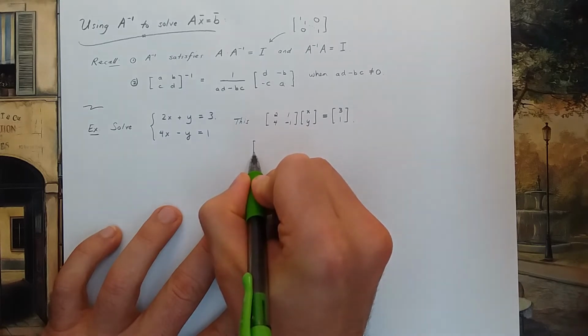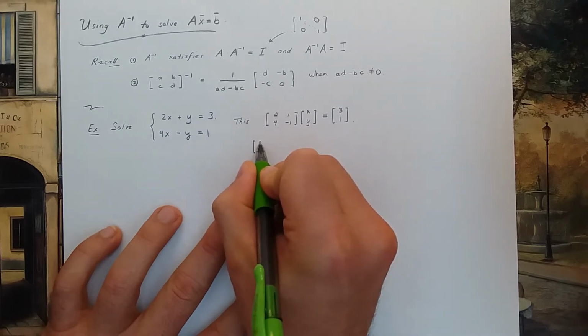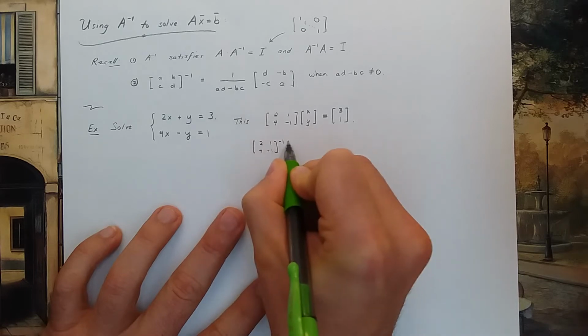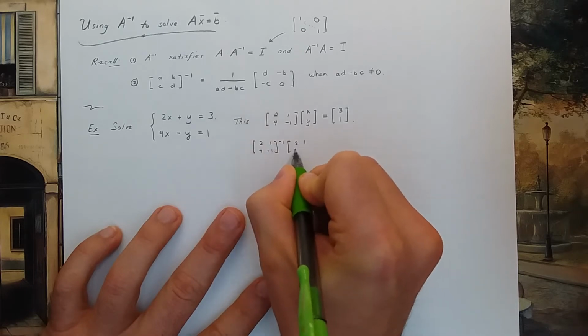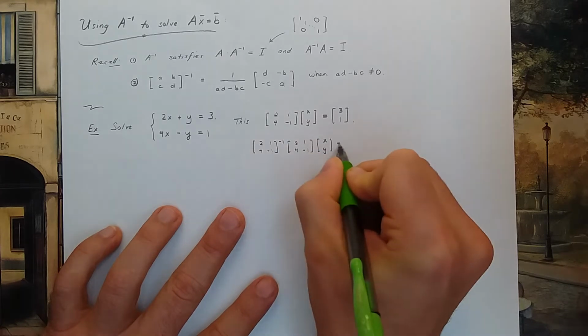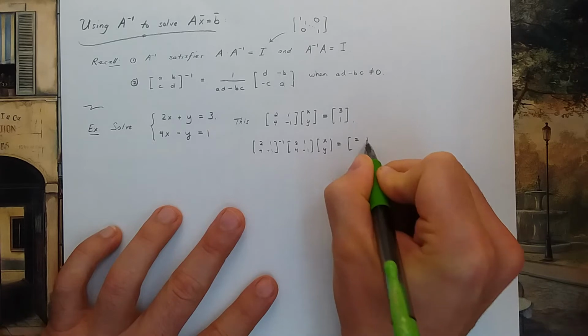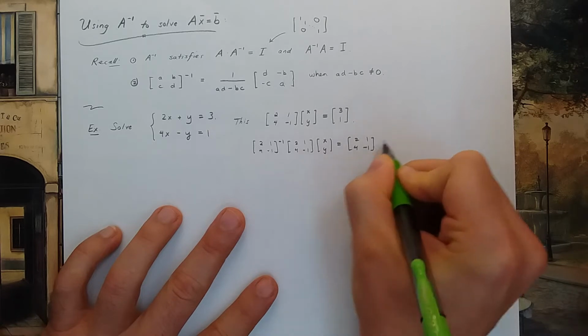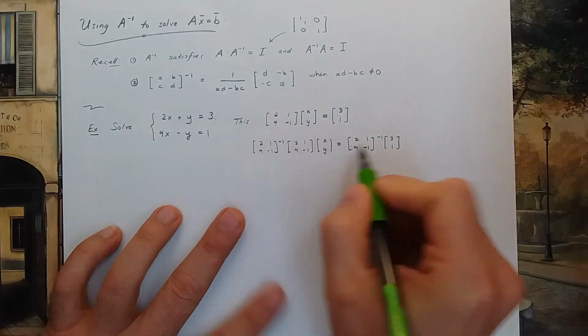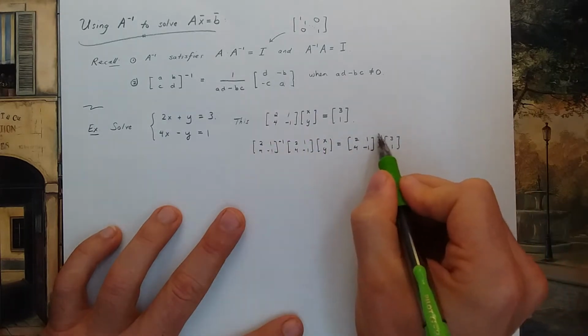So if I multiply both sides by the inverse matrix, I get [2, 1; 4, -1] inverse times [2, 1; 4, -1] times the column vector (x, y) should equal [2, 1; 4, -1] inverse times (3, 1). So what I did was multiply both sides of the equation by this inverse.